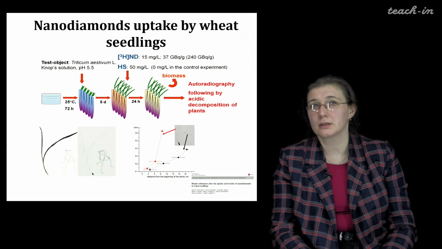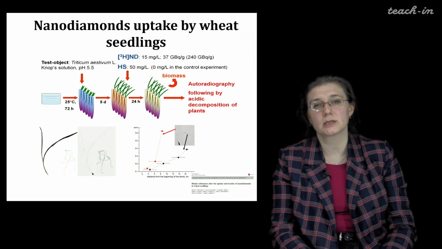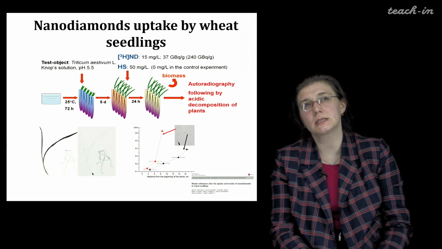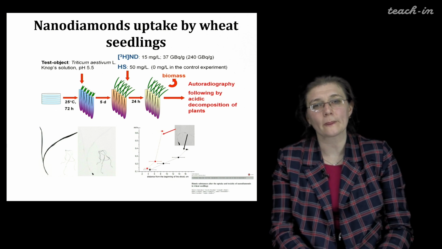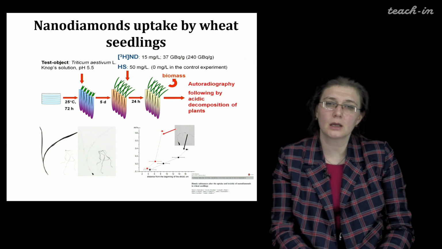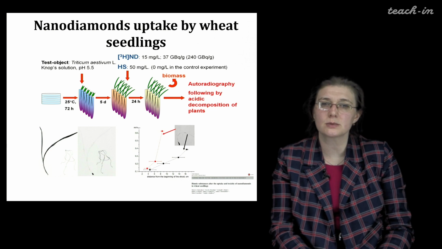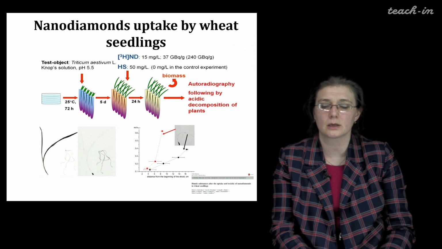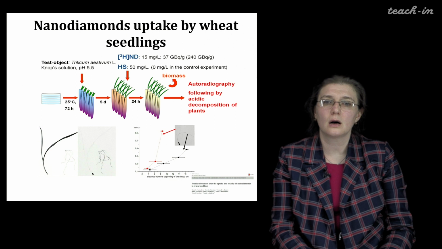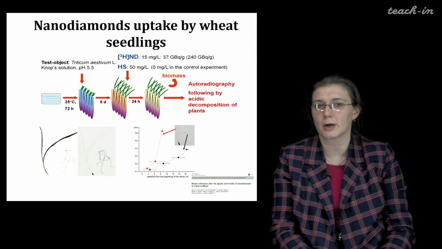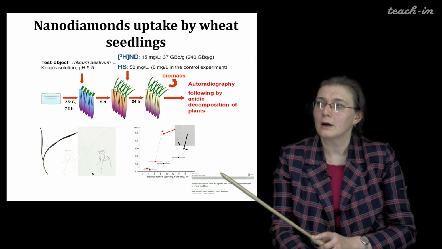Nanodiamond is a material which nowadays is used in technical oils sometimes, and so it can be found in natural systems. And so it's very interesting how nanoparticles interact with plants, for example.